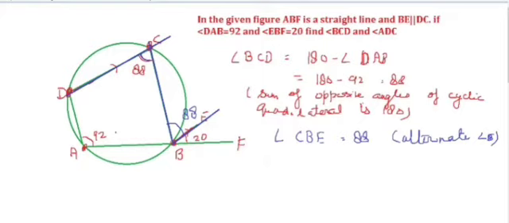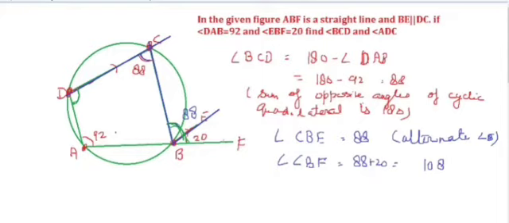Now next, from here we can calculate angle CBF. CBF will be 88 plus 20, that is 108. Now you know that here we have this exterior angle. Exterior angle is equal to the opposite interior angle.